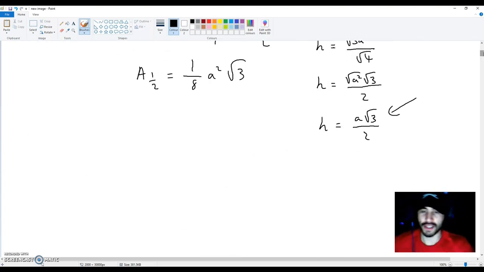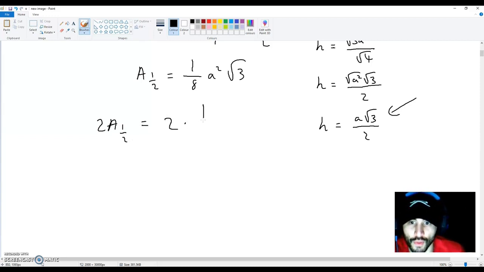We do this by saying that 2 times half of the area of the equilateral triangle is 2 times 1/8 multiplied by a squared multiplied by root 3.